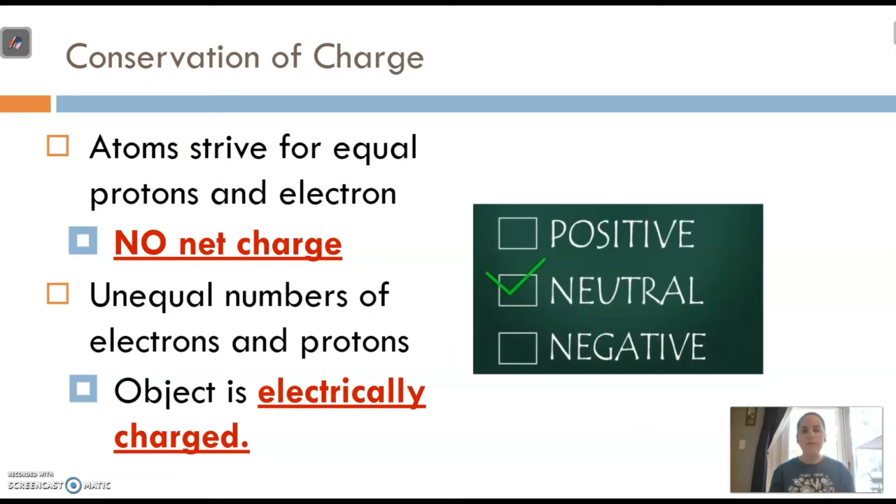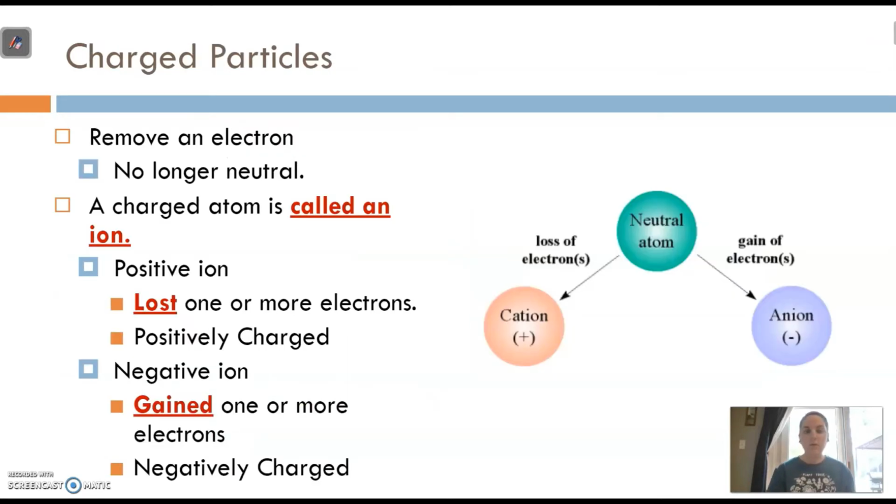Remember that your atom is always striving to be neutral. It's always striving to have no net charge. What that means is it's always striving to have an equal number of protons and electrons. When unequal numbers do come about, we call that a charged atom, and that charged atom is called an ion. We can have positive ions or negative ions.